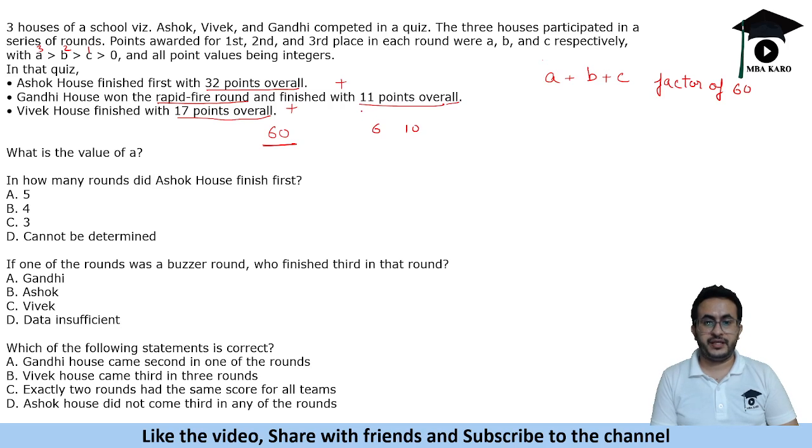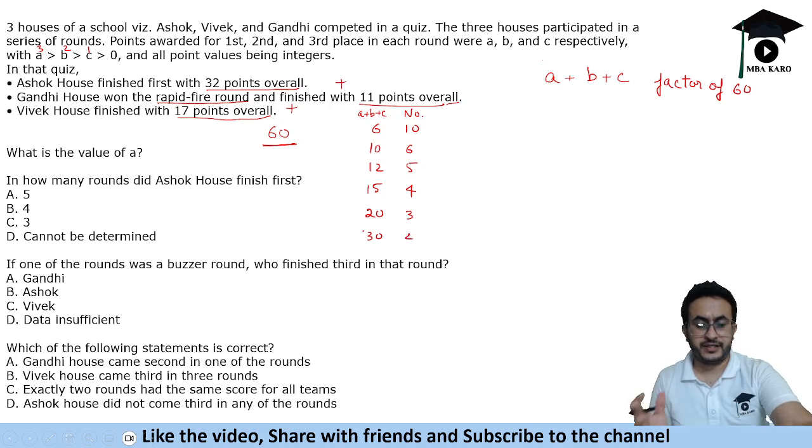This is A plus B plus C and this is the number of rounds. So we can have a total of 10 and 6 rounds, a total of 12 and 5 rounds, a total of 15 and 4 rounds, a total of 20 and 3 rounds, and a total of 30 and 2 rounds.